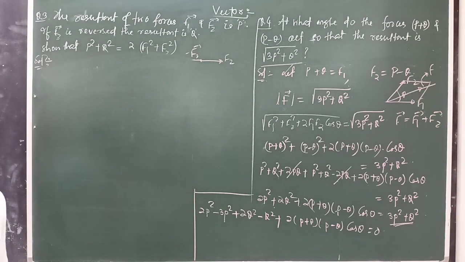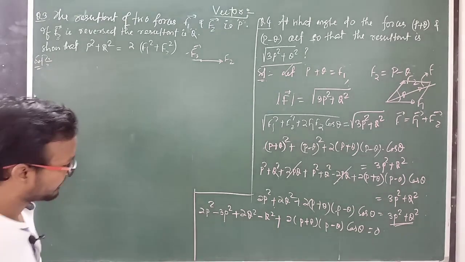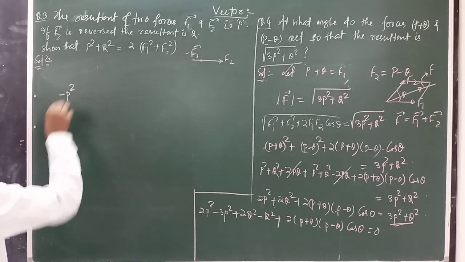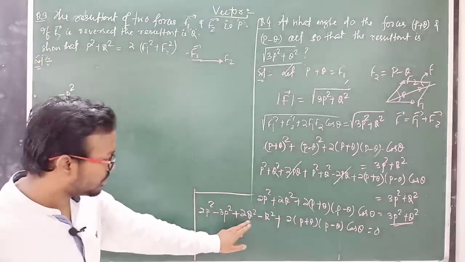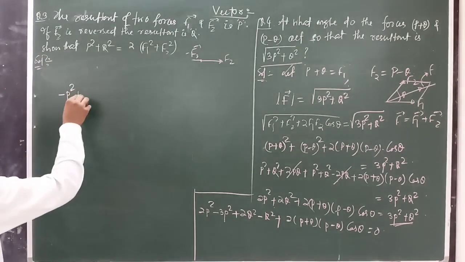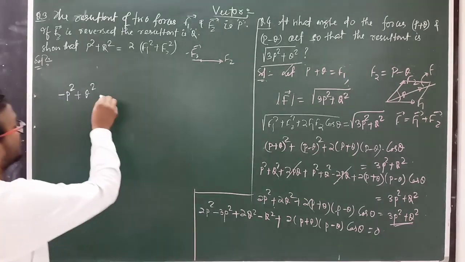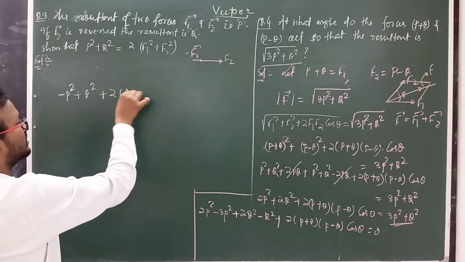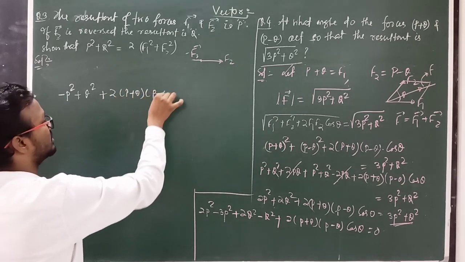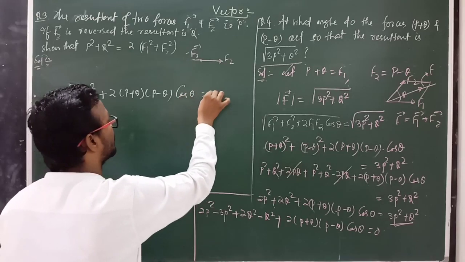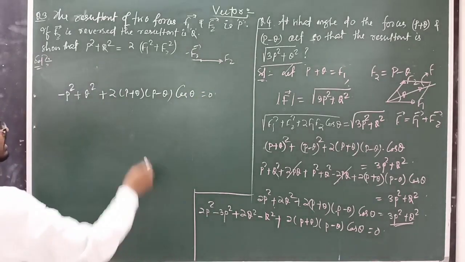Then if we solve this term, 2p square minus 3p square gives minus p square, and 2q square minus q square gives plus q square, so plus 2(p plus q)(p minus q) cos theta equal to 0. Clear?